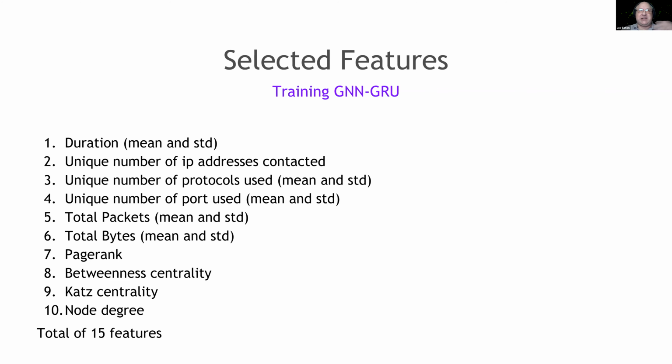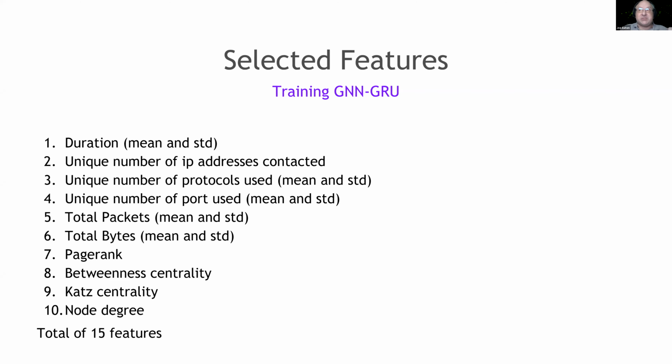We took the netflow data. It has pre-calculated durations, IP addresses, protocols. We pre-processed all of that using cuDF to find min, mean, packets, summations, aggregations. We added on PageRank, betweenness centrality, Katz centrality, and degree calculated from cuGraph. And then we trained the graph neural network using those features.